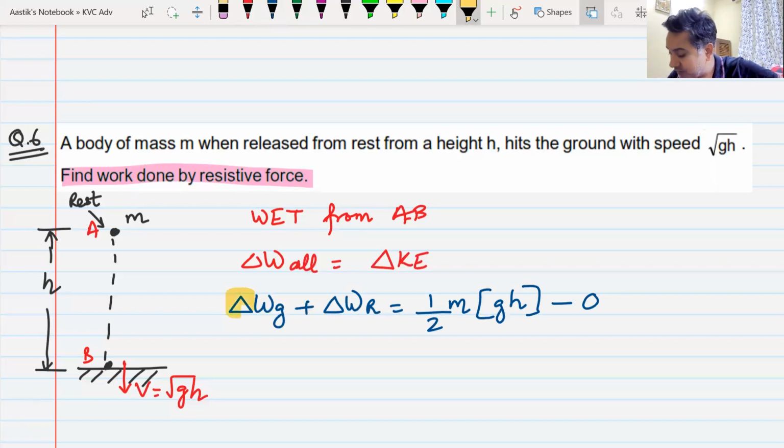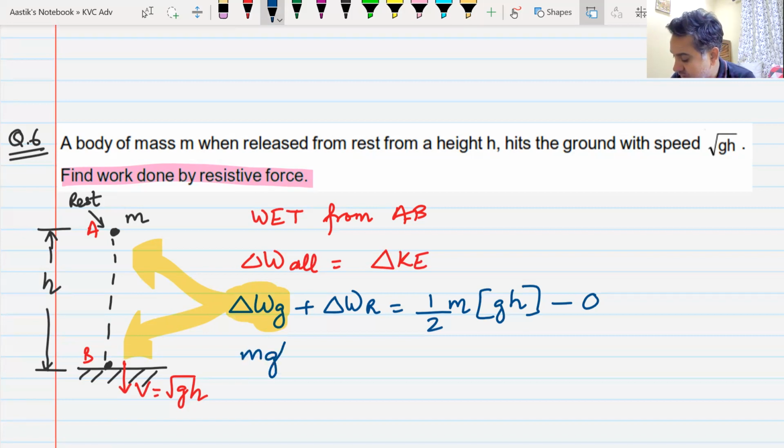Can you tell me what is the work done by gravity in this case? How much work does gravity do in this case? mgh, sir. mgh plus work done by the resistive force is equal to mgh by 2, and you get your answer for work done by the resistive force.